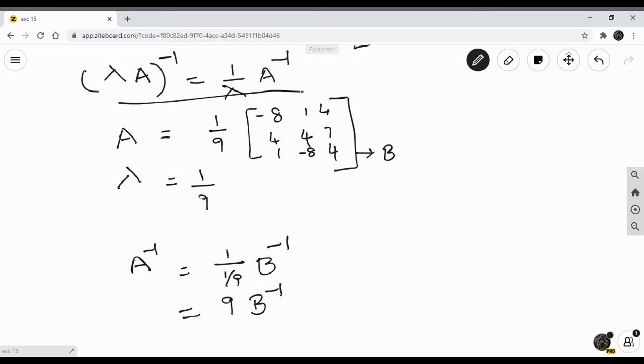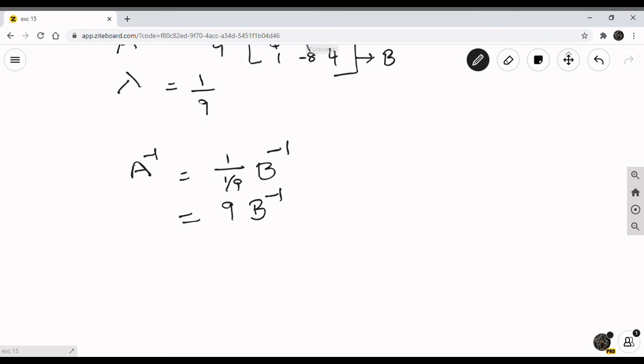For time being, we are taking it as B to avoid confusion. So now we'll concentrate on finding the B inverse.